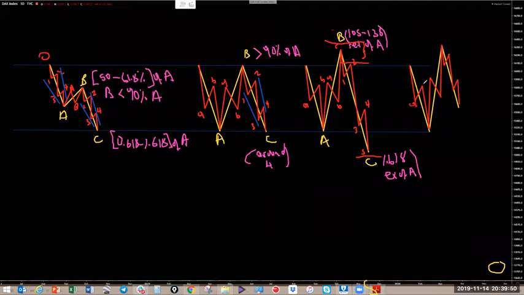A, B, C, A, B, C, A, B, C. Whether it's an impulse or a diagonal. If it's a diagonal, remember the rules, your wave 4 must be within the territory of 2 for it to be a valid diagonal. Now this is an ABC structure.